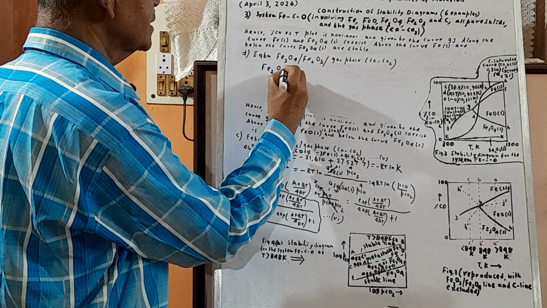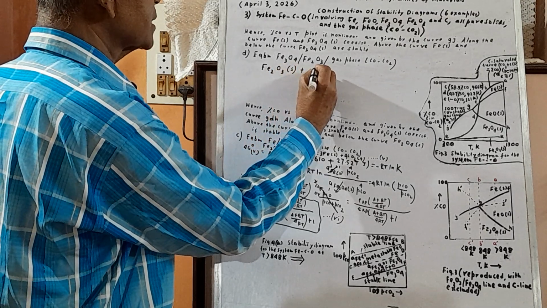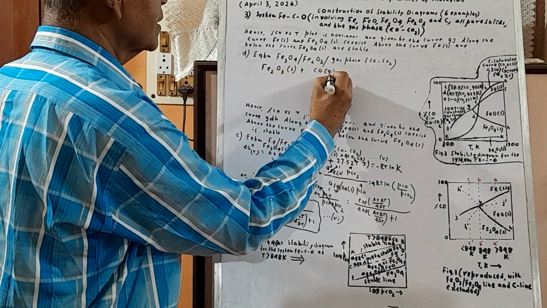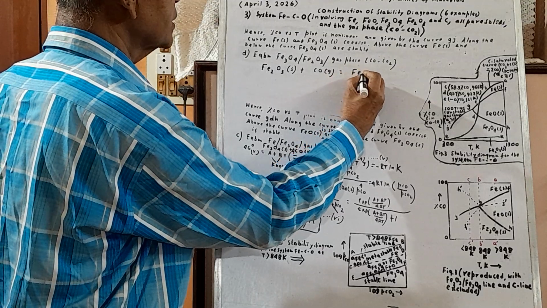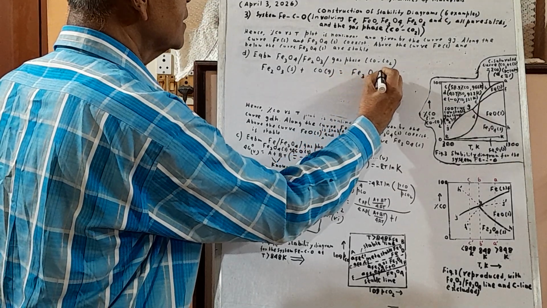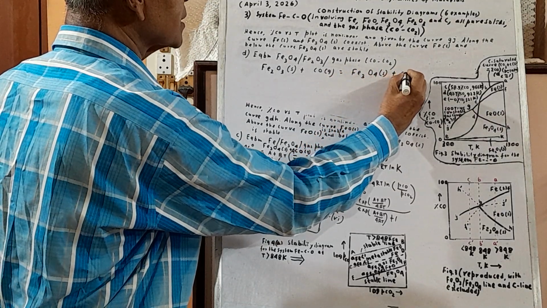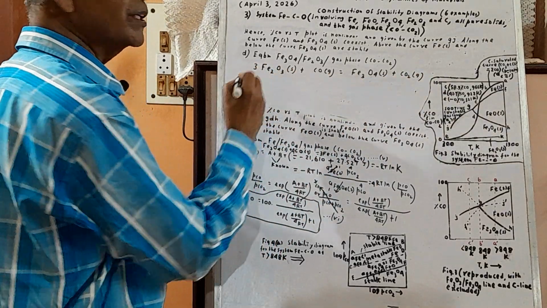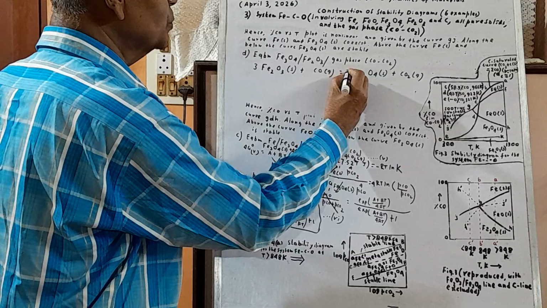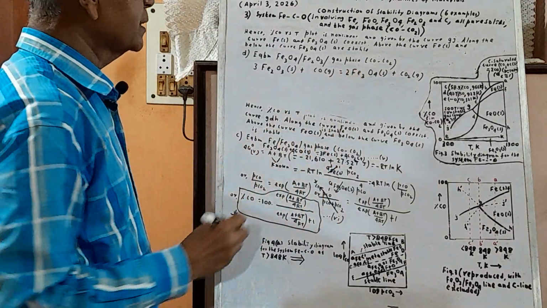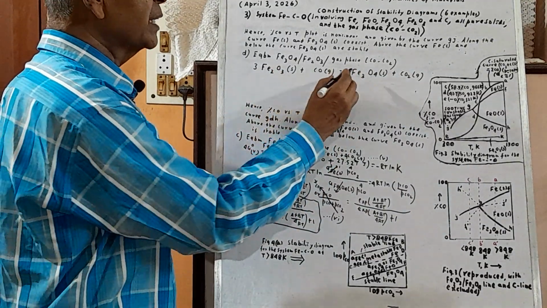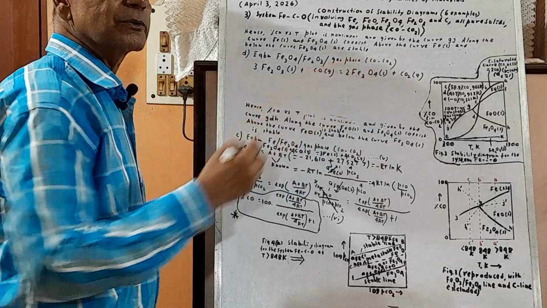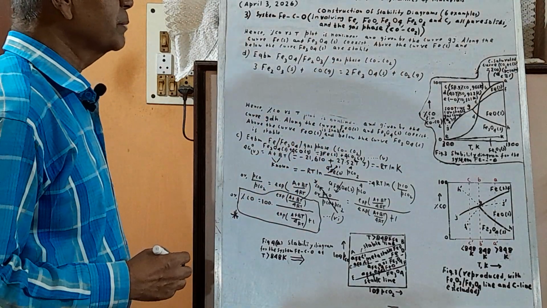Fe2O3 solid plus CO gas goes to Fe3O4 solid plus CO2 gas. This will get a 3 here, and that will get a 2 there for iron balance. Then you have 9 O on one side and 8 O on the other, but there is CO and CO2. So balance this; this is the balancing step.